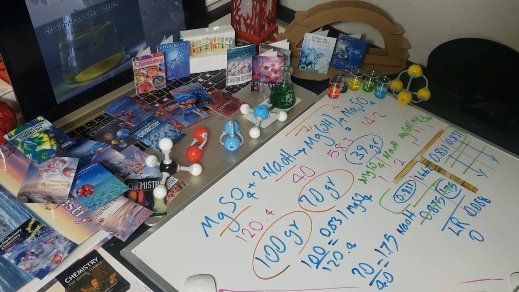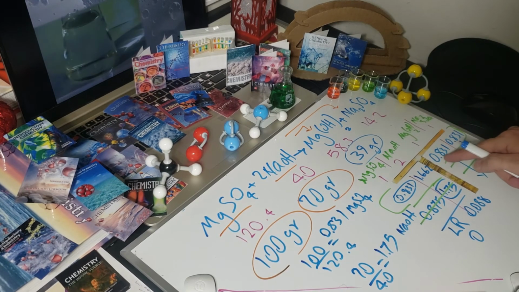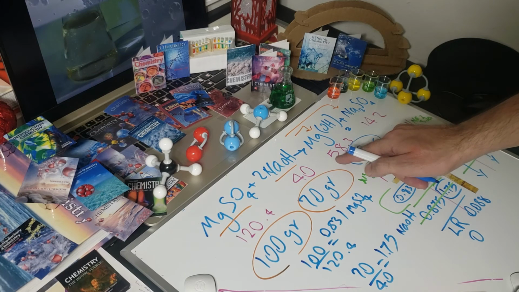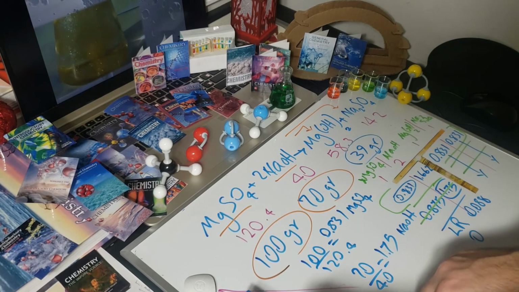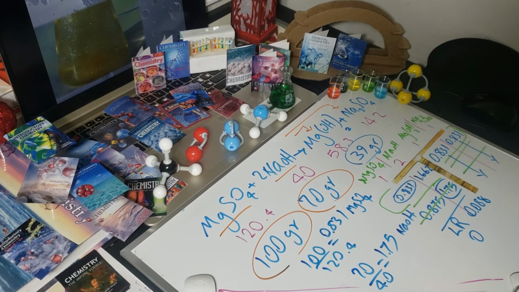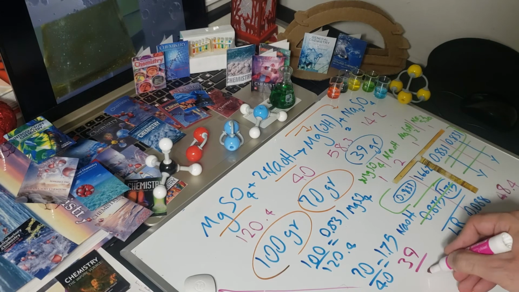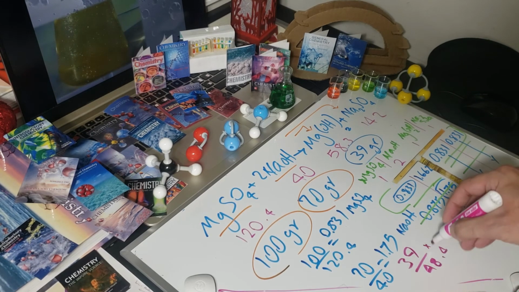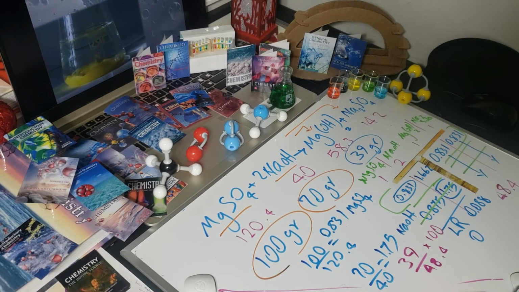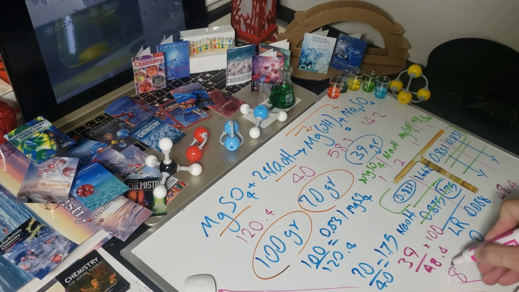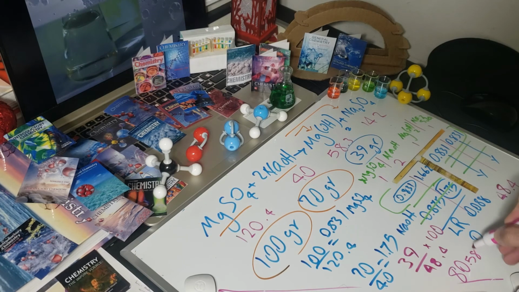Now, I do know that if I go to magnesium hydroxide and take this multiplied by 58, it would give me the theoretical yield, or the grams for my magnesium hydroxide, and that would be 48.4 grams of magnesium hydroxide. If you take that 39 divided by 48.4 times 100, it would give you the percent yield that you're looking for, and that's the answer of the problem.